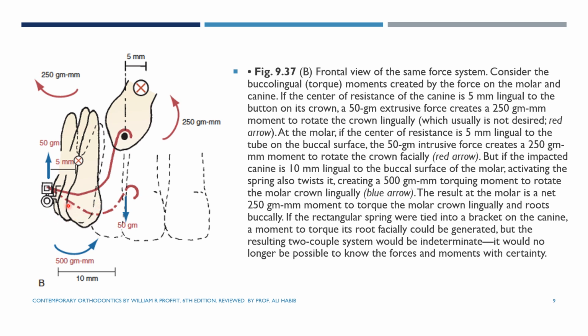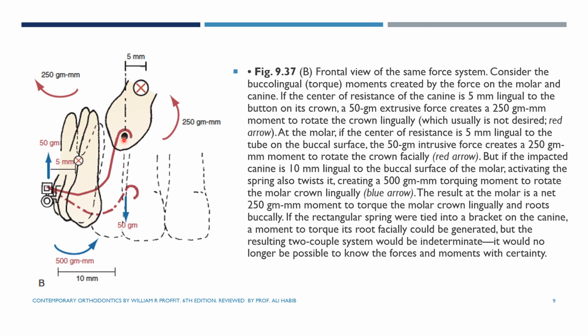But again, if we look at this system now, although it's one couple system, because when we activated, we moved the wire in, we created an additional force system. So we made this system more complex, and maybe now it's becoming more of an indeterminate system.